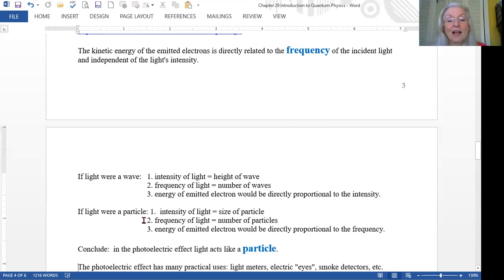The frequency of light corresponds to the number of particles, and the energy of the emitted electron is going to be directly proportional to the frequency, which it is. So in the photoelectric effect, light acts like a particle. And remember, when we say light acts like a particle or light acts like a wave, we're just using these as descriptors, as ways to describe this sort of thing.